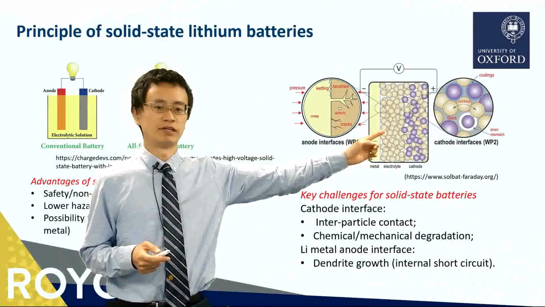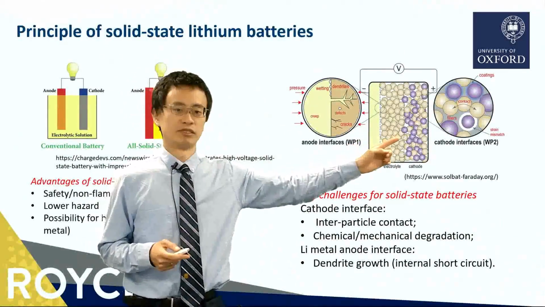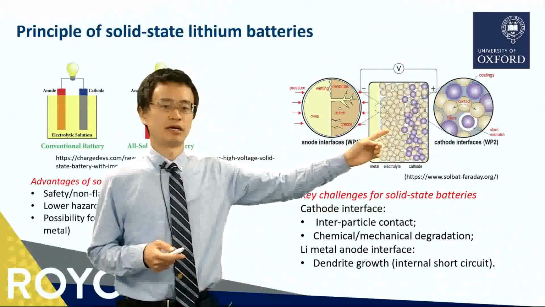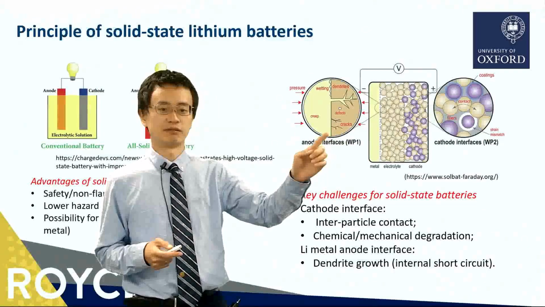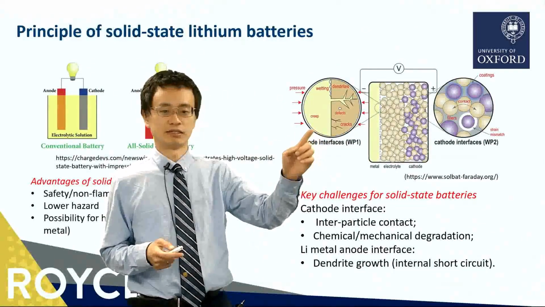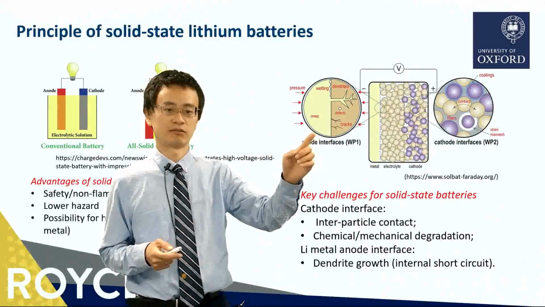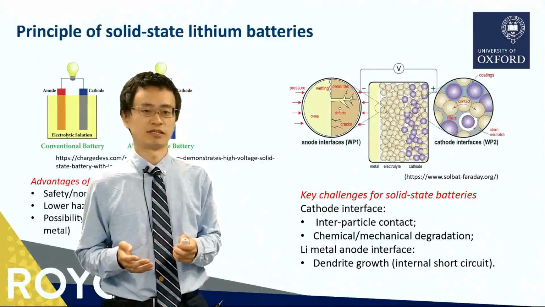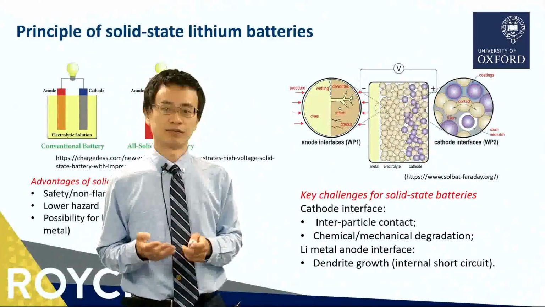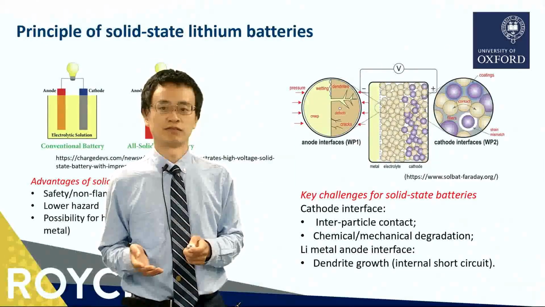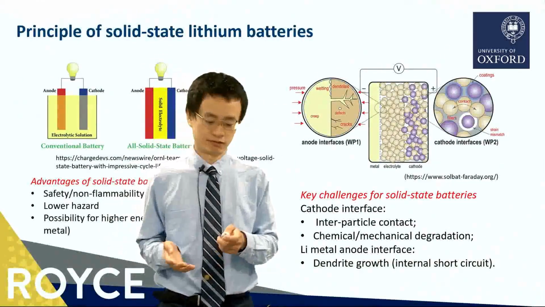For the cathode interface, the challenge includes the interparticle contact issue and also the chemical-mechanical degradation issues. And for the lithium metal anode interface, the challenge is mainly about dendrite growth, which can cause internal short circuit. The reason of this kind of contact issue and chemical instability is because of the nature of the ceramic itself.